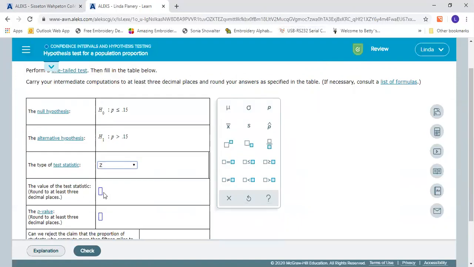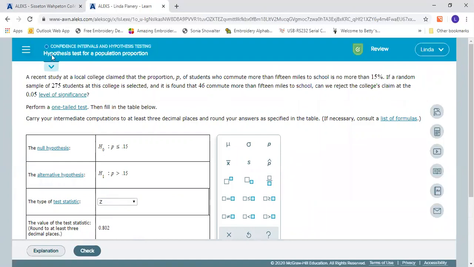So the value of my test statistic here is 0.802, and my P value is 0.211. So using the p-value method, I'm comparing this to the level of significance.